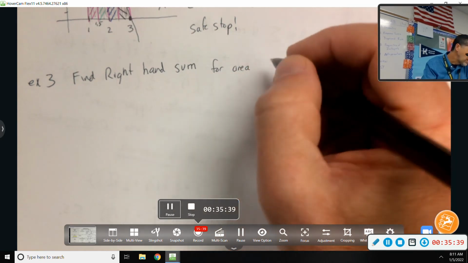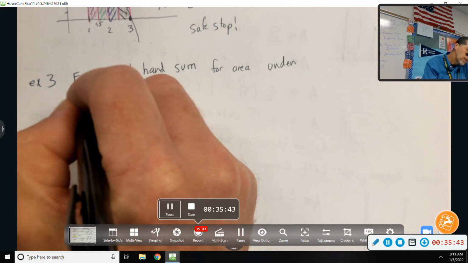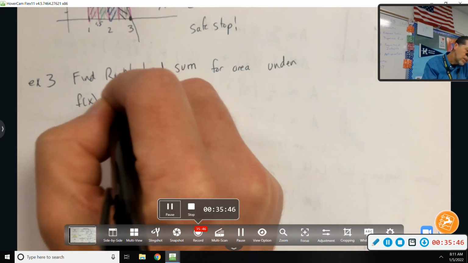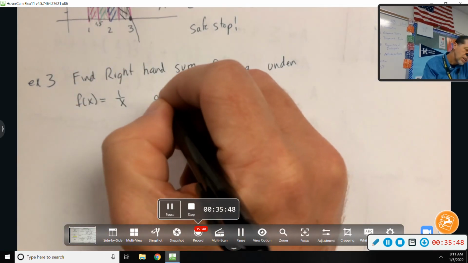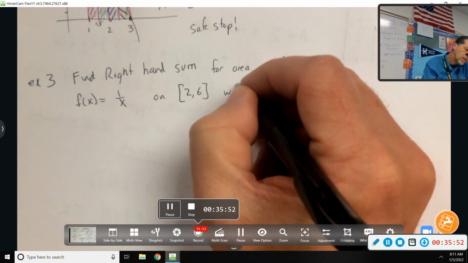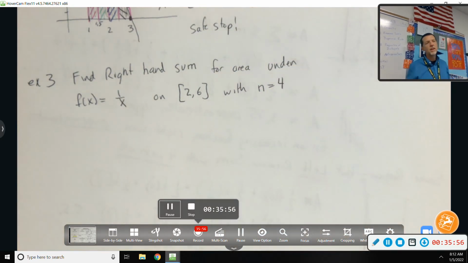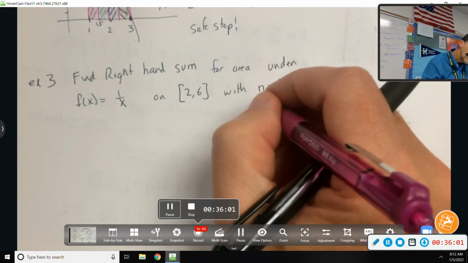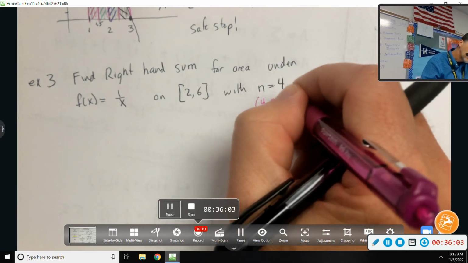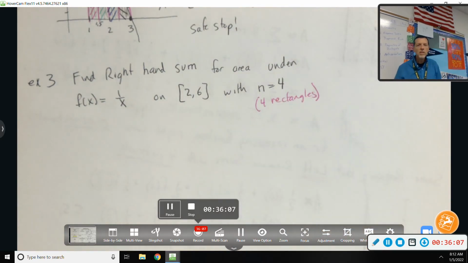For area under f of x equals 1 over x on 2 to 6 with n equals 4. N equals 4, probably figured this out from context, but that means 4 rectangles. 4 subintervals.